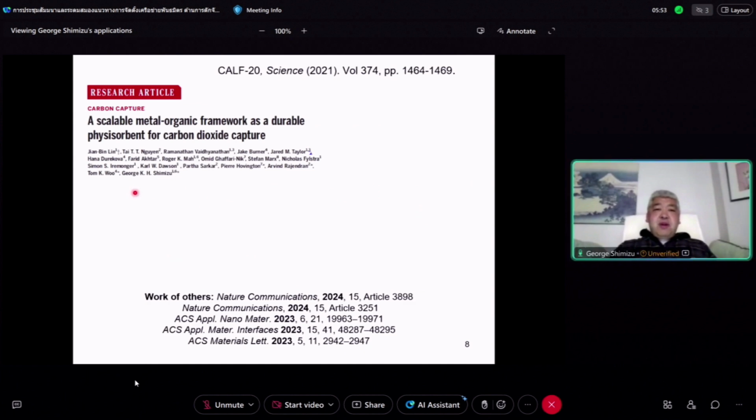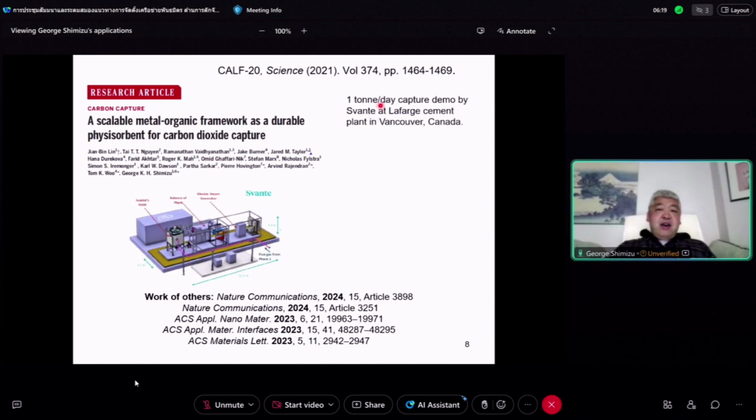The compound I'll talk about is one called CAF-20. This stands for Calgary Framework 20. We published this almost 3 years ago now in Science, but now many other people are working with this compound. And I'm very happy to say everyone finds the compound is stable and has the same CO2 properties that we reported.